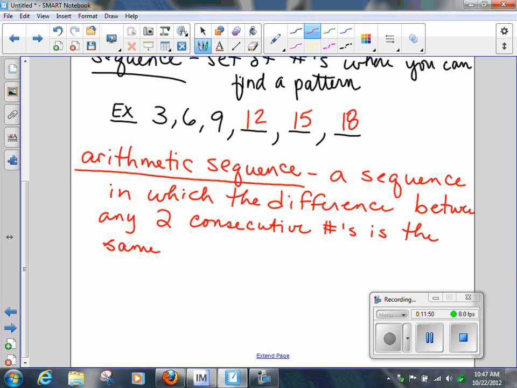That's supposed to say same. It's a funny looking S. A sequence in which the difference between any two consecutive numbers is the same. It can be positive or negative.